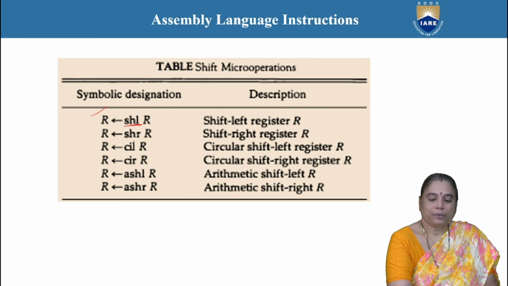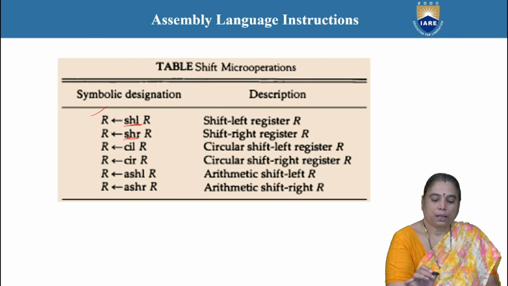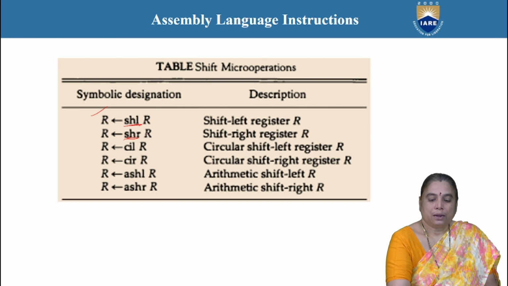Next is SHR, shift right: the register content of R can be moved to R. So these are the normal shift operations, shift left and shift right, using the mnemonics SHL and SHR.